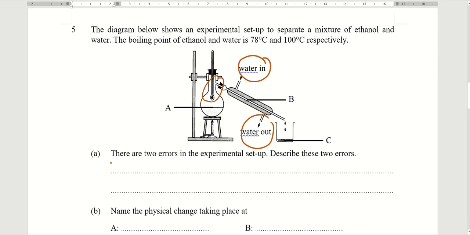The first error would be that the bulb of the thermometer is not at the mouth of the condenser.